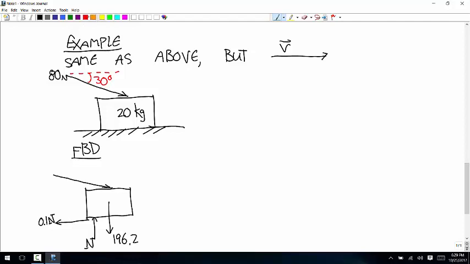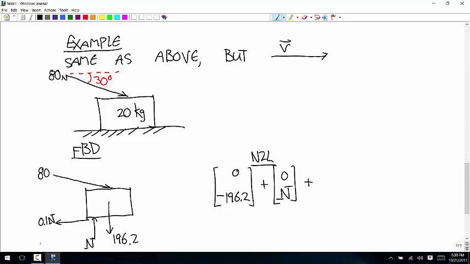Okay, so well, net force is 80 newtons. Okay, so Newton's second law says 0, negative 196.2 plus 0n plus, so what are the components of 0.1n now?